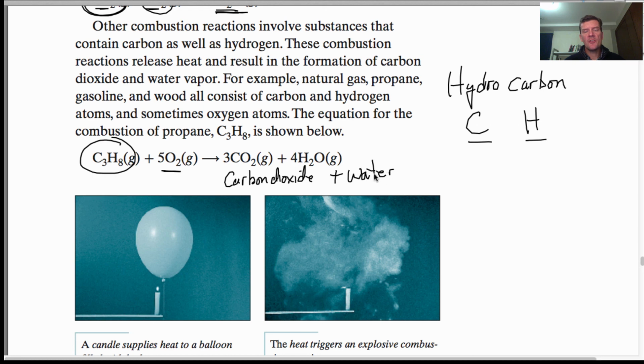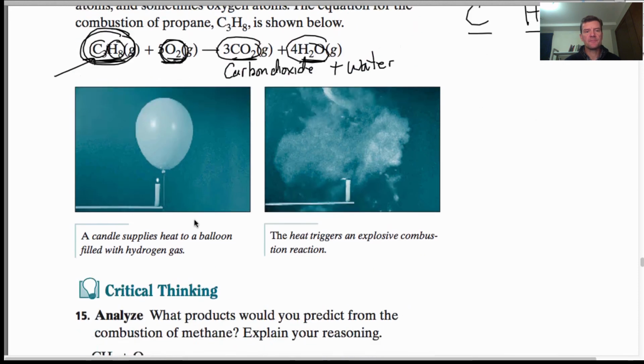I want you to know that. You need to know a hydrocarbon. This is a hydrocarbon. Hydrogen and carbon, hydrocarbon, burning in the presence of oxygen. Oxygen is always diatomic. Will always produce carbon dioxide and water. You need to know these products when you burn a hydrocarbon with oxygen. Okay?